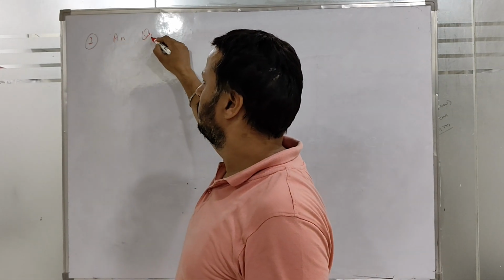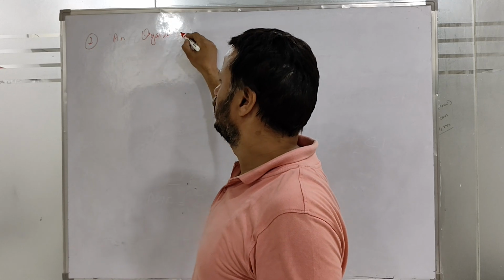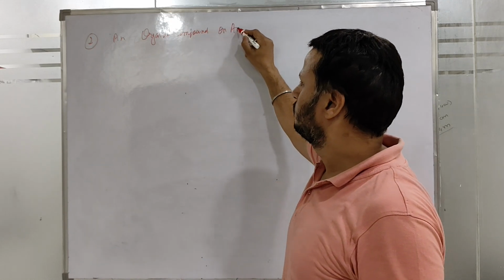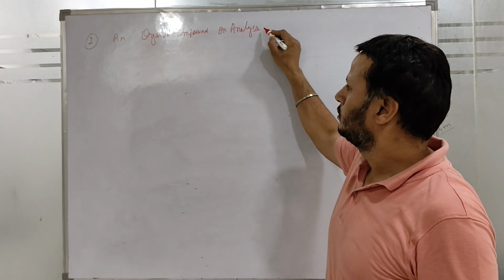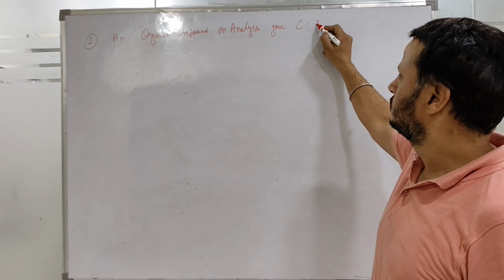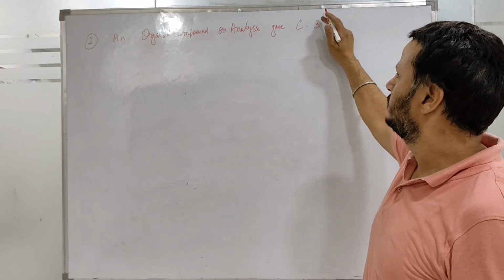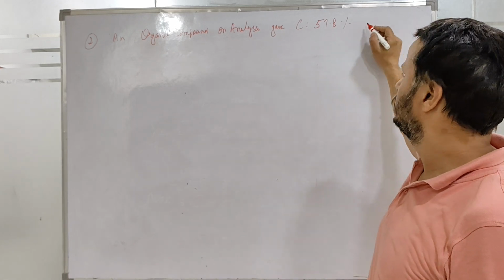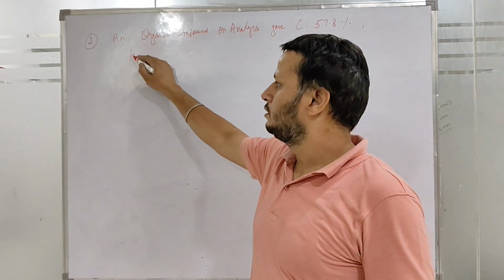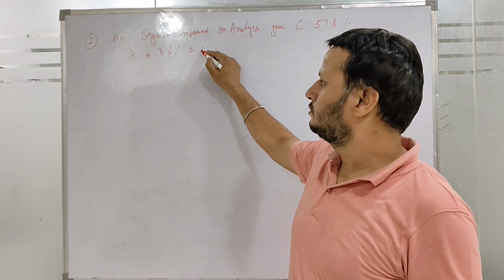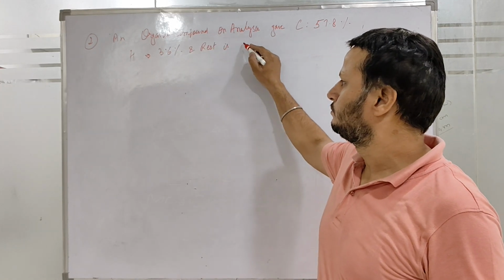An organic compound on analysis gave carbon 57.8%, hydrogen 3.6%, and the rest is oxygen.